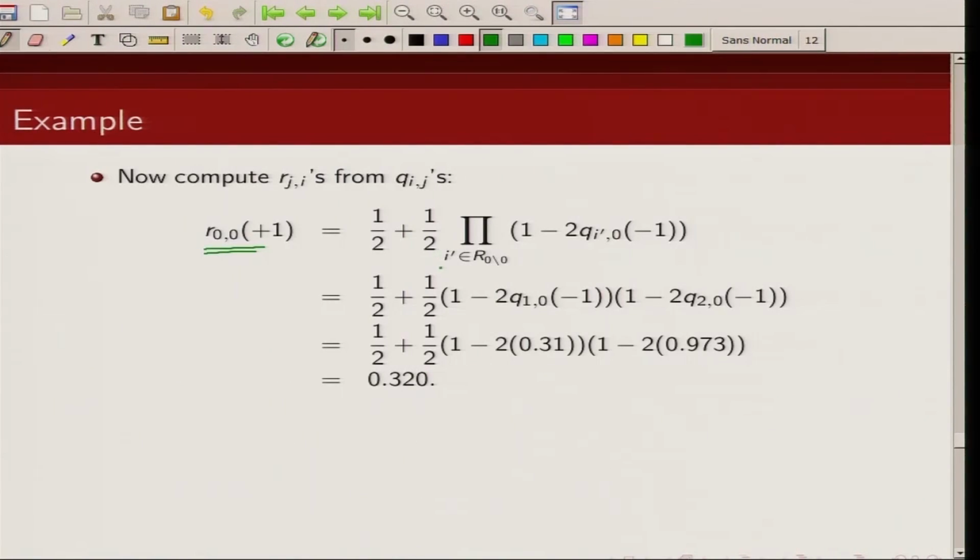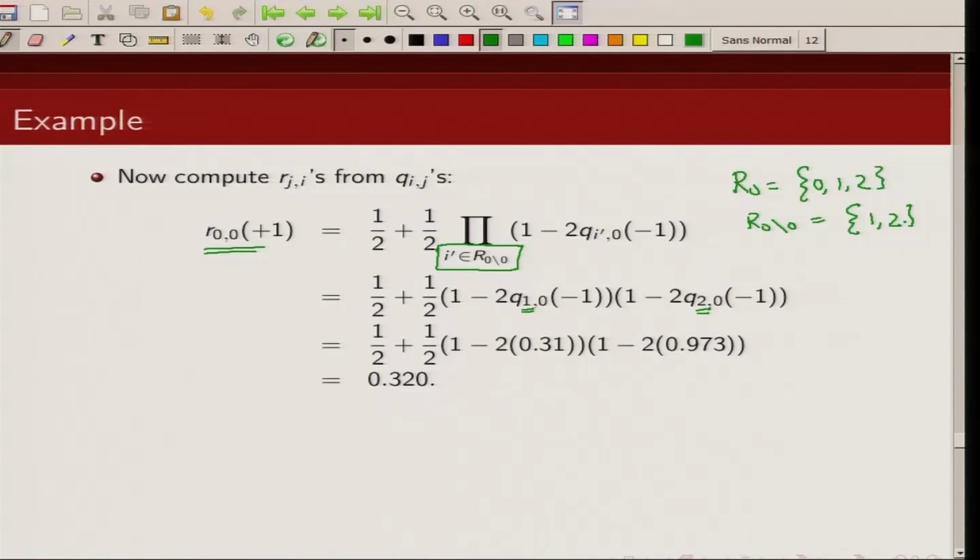Note here, i belongs to R0 minus this 0 term. So here you will have two terms, one corresponding to i being 1 and the other i being 2. Why? Because your R0 was 0, 1, 2. So R0 minus this element 0 is nothing but 1 and 2.